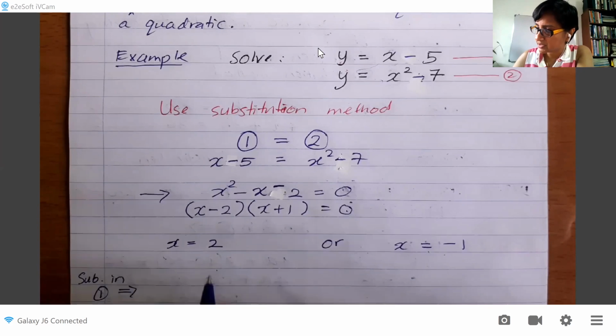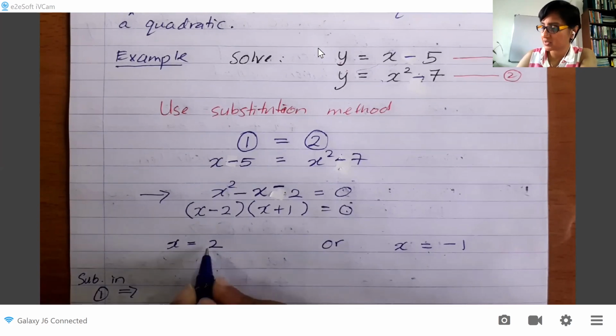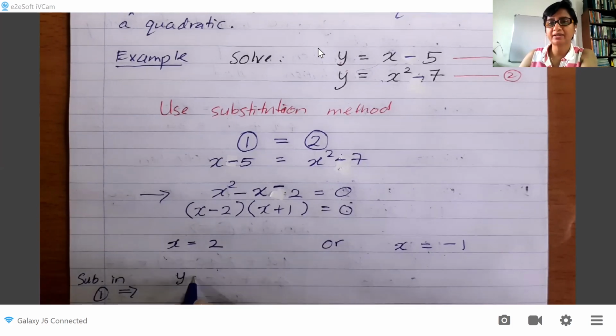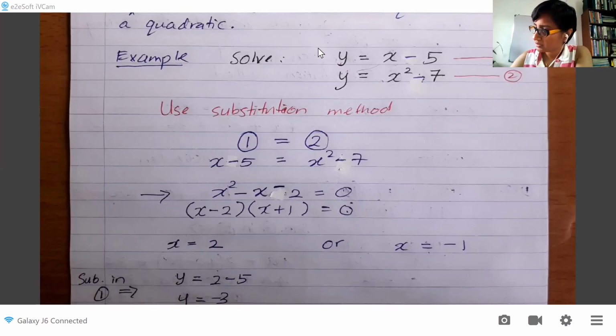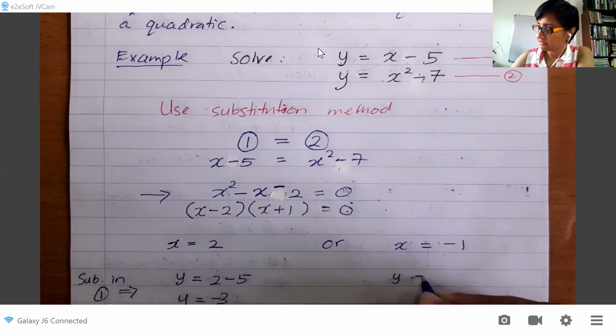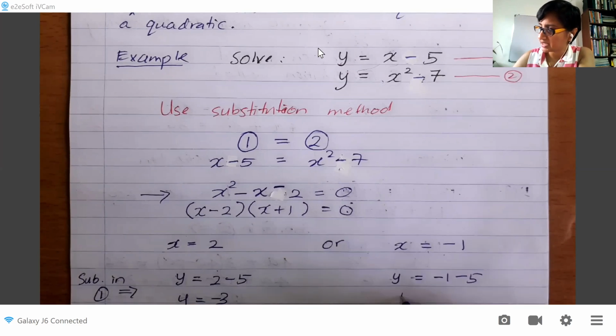If you sub x equals 2 in the first equation, for y you get 2 minus 5, that is -3. When x is equal to -1, y is equal to -1 minus 5, that is -6.